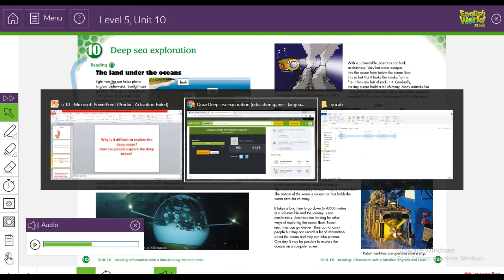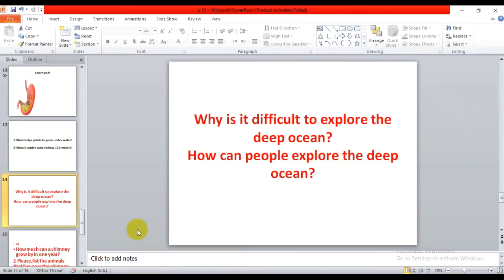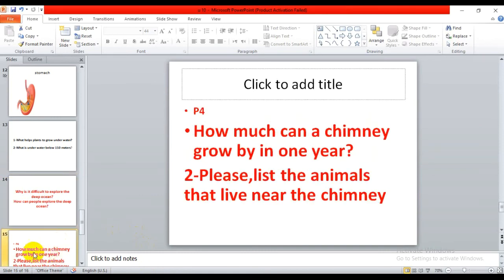Let's see the questions we should answer for paragraph number 4. First question is, how much can a chimney grow by in 1 year? The second question is, please list the animals that live near the chimney.